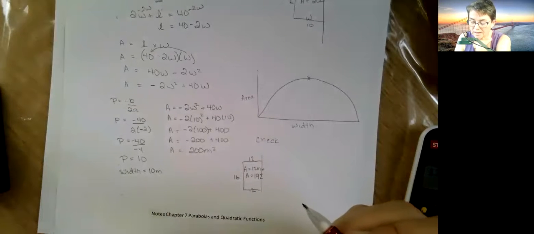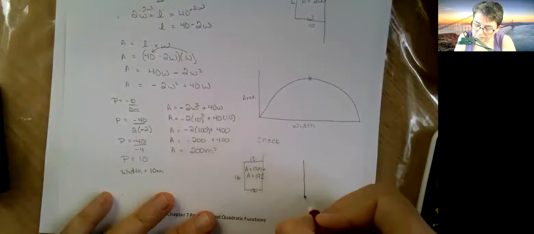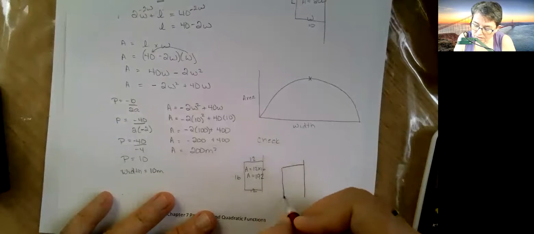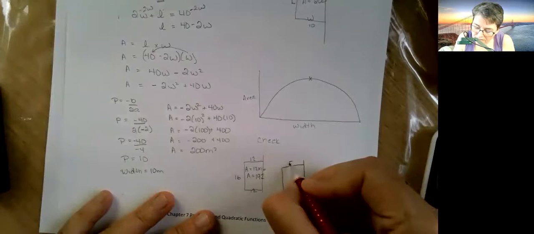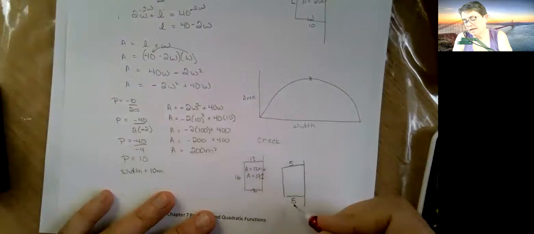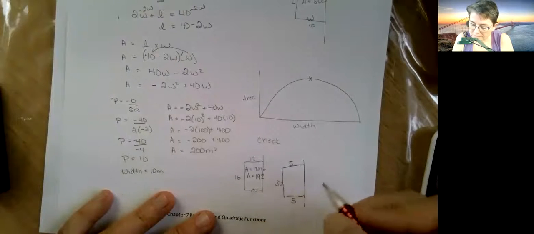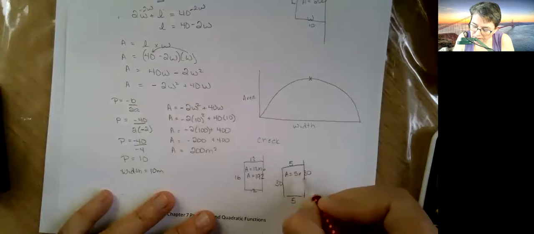Well, what if we went the other way and made it even longer? What if we made this 5 and this one 5? That would use up 10, which would leave this as 30. So area is equal to 5 times 30.